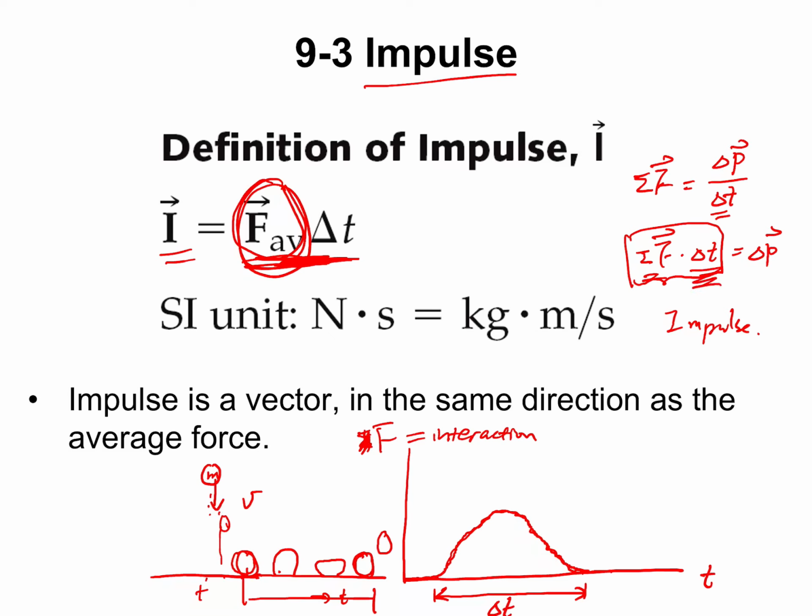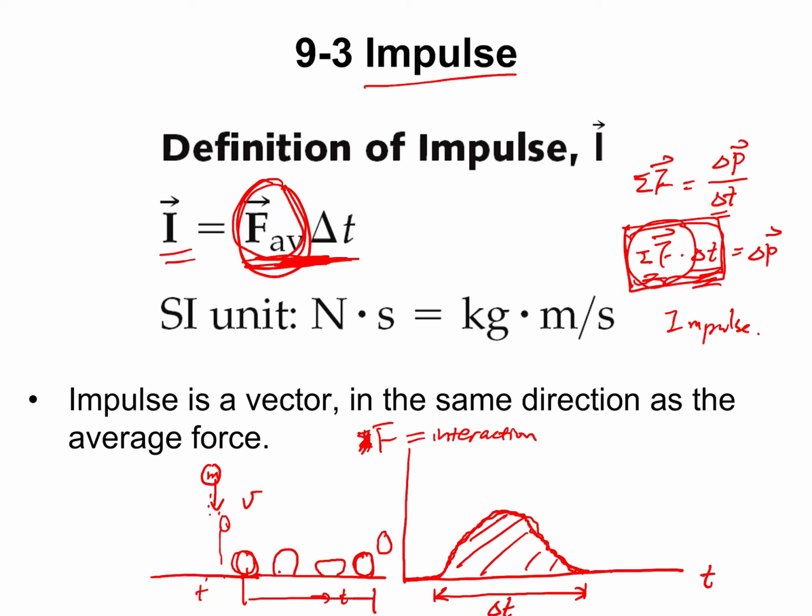The time here is delta t, and this is the force between the tennis ball and the ground with time. However, the force here is a changeable force, you see, it changes. And then how do we calculate impulse? Because this is a changeable force, force times time is the area underneath this curve, right?